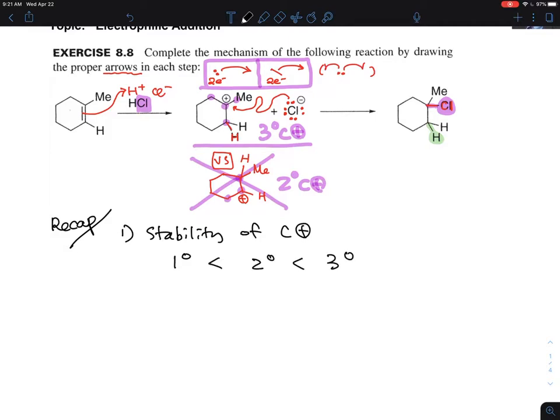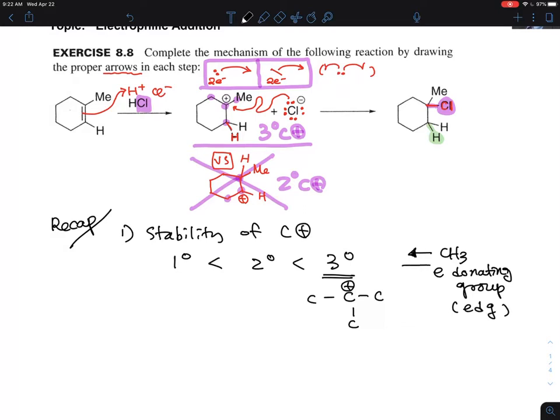One way to look at it is, I like the tertiary to be thought of this way: carbon, carbon, carbon. And the reason is that if you have a CH3 bond, this is an electron donating group, EDG sometimes.